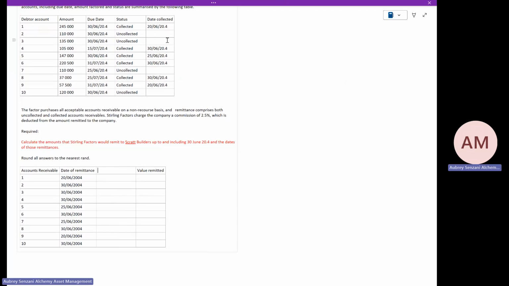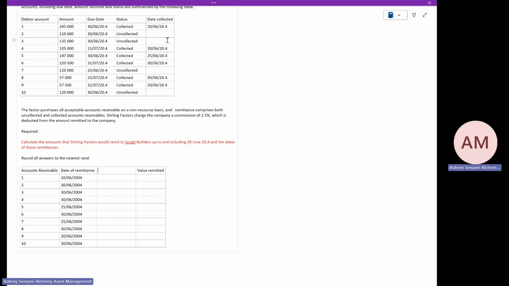Can you see it was due on the 30th, right? But the date it was collected was on the 20th. And then here, remittance date, can you see? It's also saying the 20th. So they collected it on the 20th and then remitted it over to the, so I'm your factor. I'm the one who is buying your debt. You remit those funds to me. Can you see that?